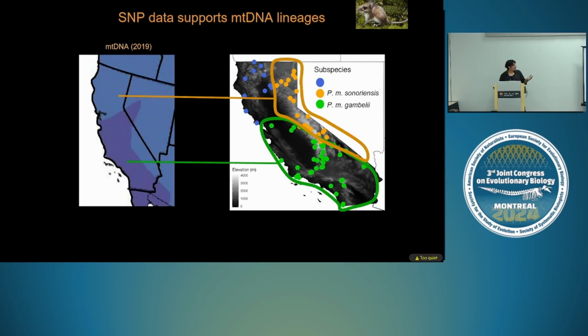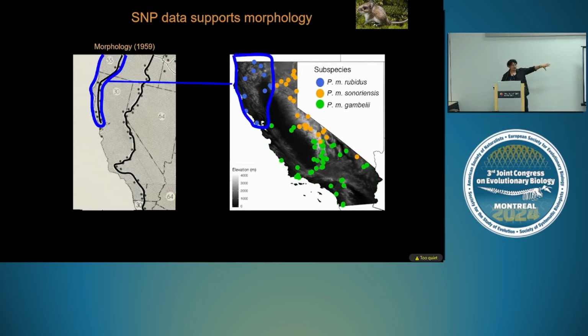When we do, we see clear support for the mitochondrial lineages of Sonoriensis and Gambelii subspecies with that north-south contact zone. And if we turn back the page a little further for this other blue subspecies in the northwest, we see that it aligns perfectly with what was originally identified as the Peromyscus maniculatus rubidus subspecies in the northwest corner of California.